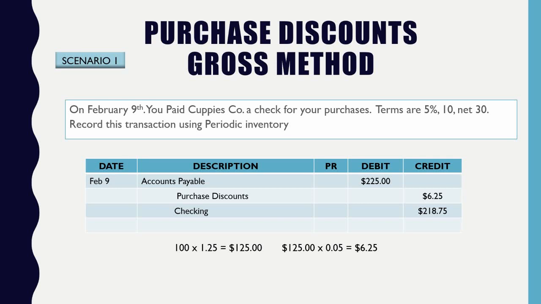And then this is where you recognize your purchase discounts. This account is a contra account to your purchase expense. Purchase expense is usually increased with a debit, and because this is a contra account, it flows in the opposite direction. So I'm going to credit this account, and it will decrease the purchase expense.